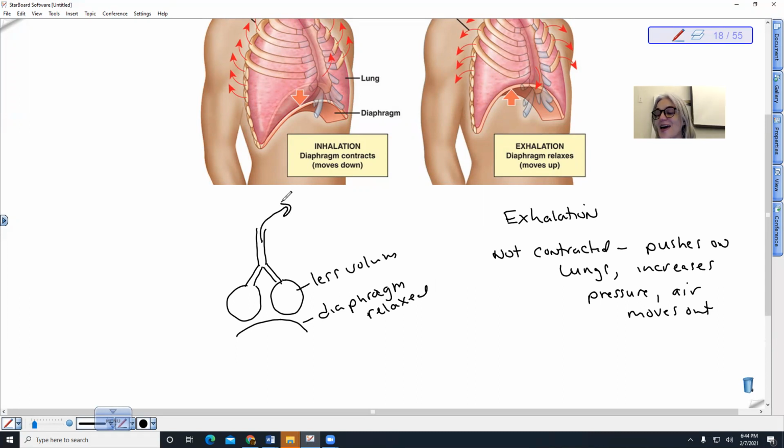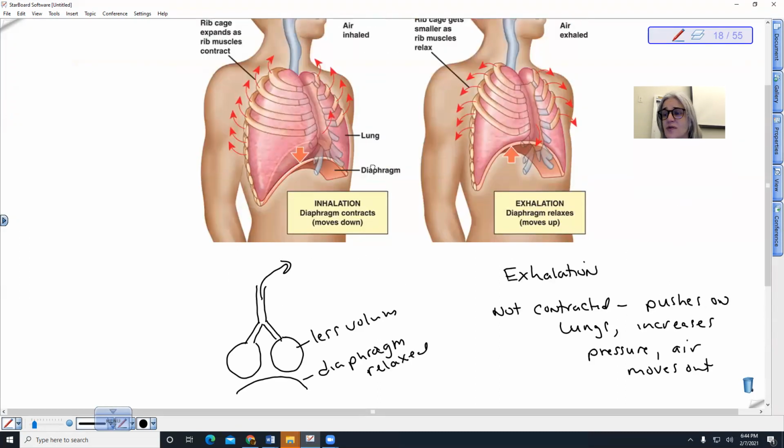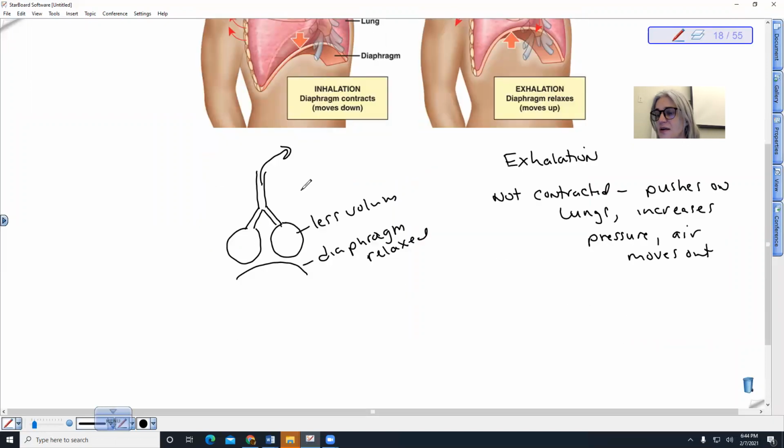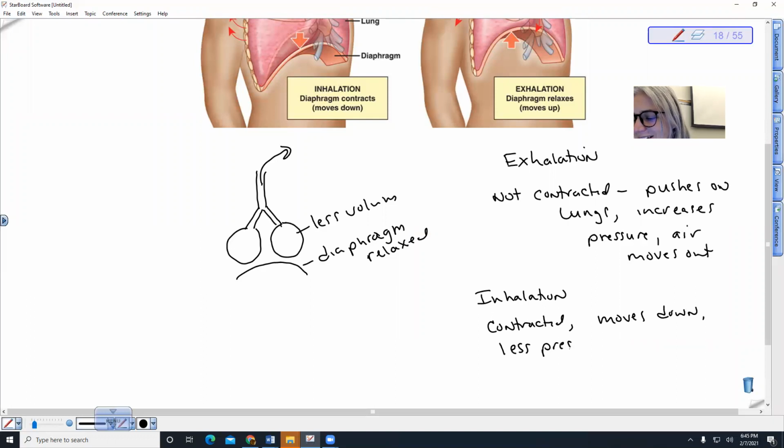If that diaphragm would contract, it actually moves down and kind of flattens out. So you notice when it's relaxed, it's dome shaped. That's kind of weird. But when we have inhalation, the diaphragm contracts. It is contracted. It moves down. There's less pressure, right?